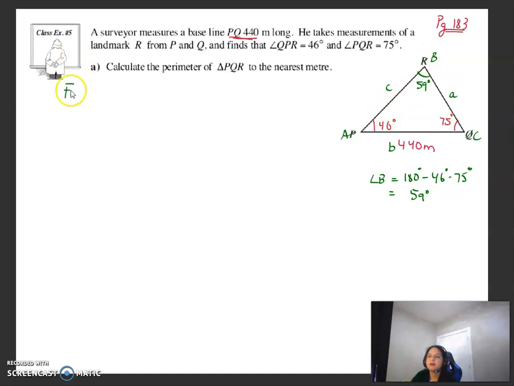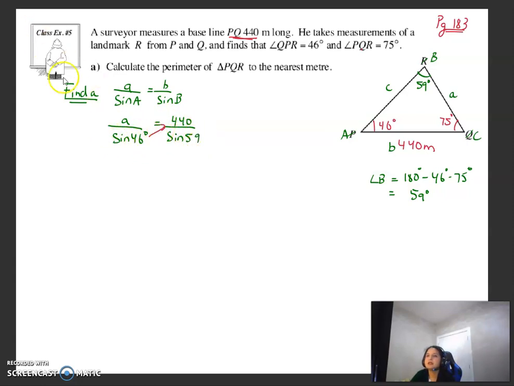So let's start by finding A. If I'm trying to find A, it will be A over sine of angle A, which is equal to B over sine of angle B. A over sine of 46 degrees equals 440 over sine of 59.